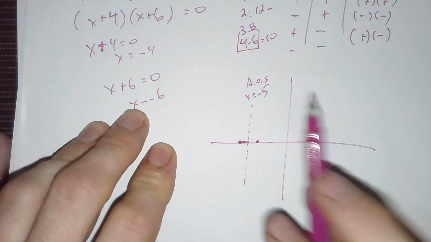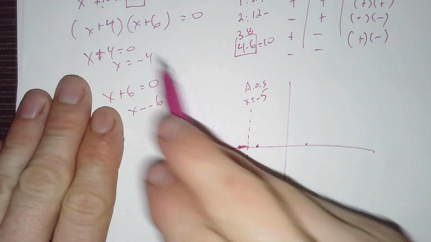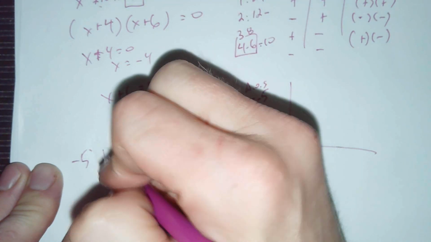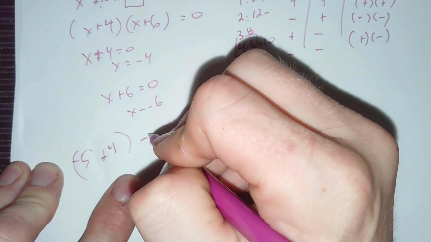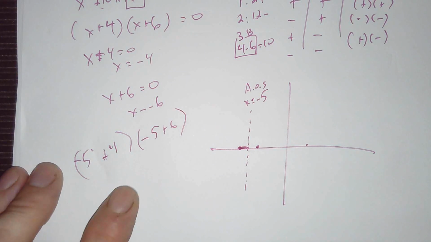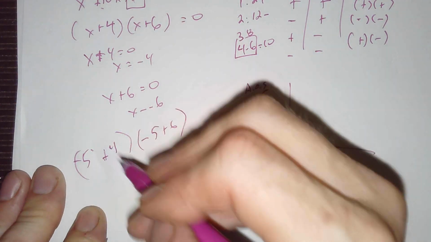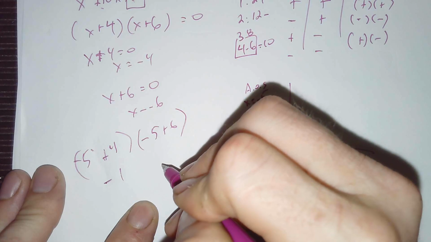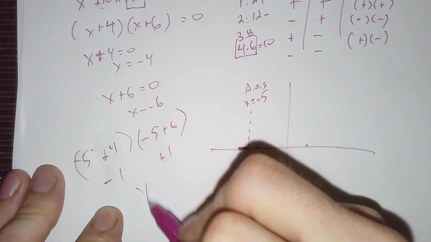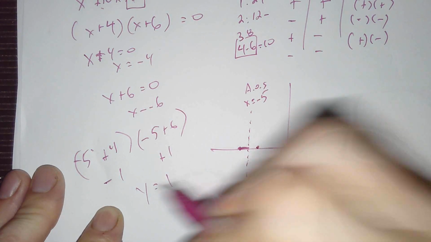So if I know the x is -5, I can plug it into here, and I'll get -5 plus 4, and -5 plus 6, right? And when I combine all those, I'm going to get a -1 and a +1. So my y value is -1.